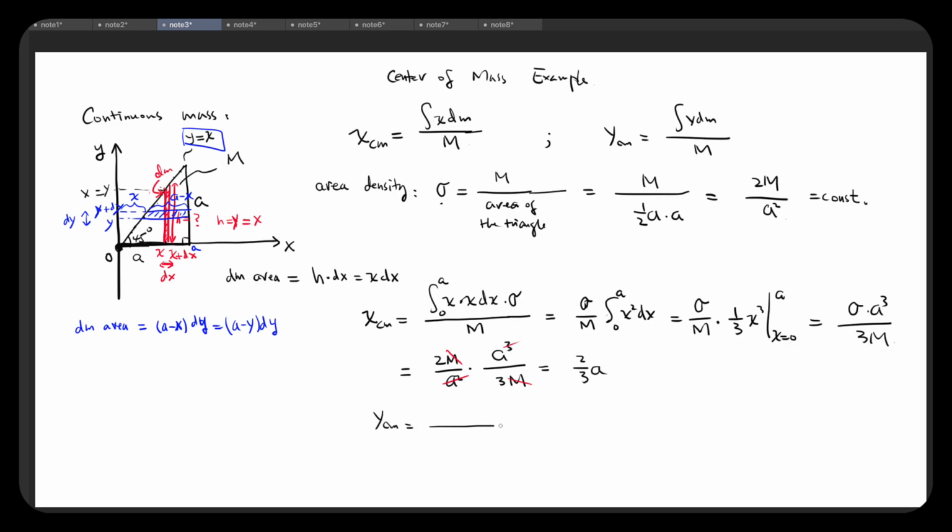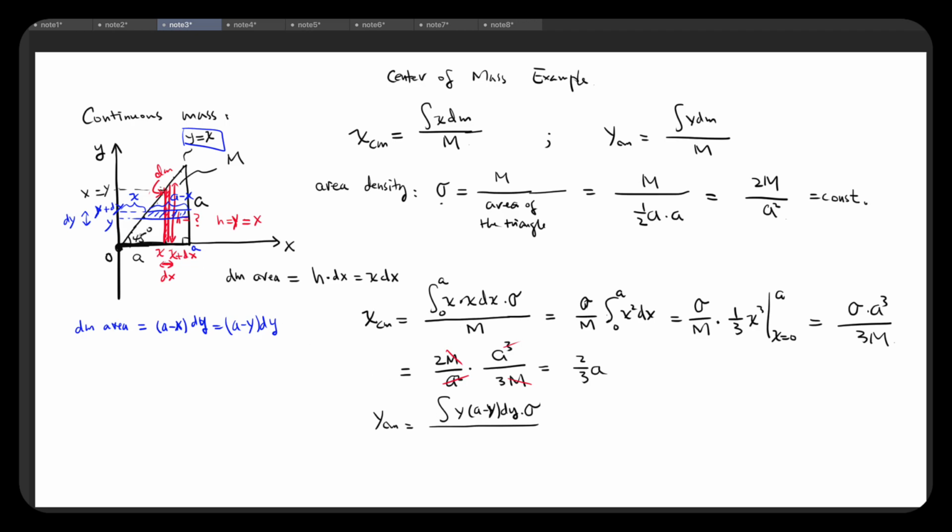So y center mass is given by y dm, right? dm now is a minus y dy, that's the area, and we need to multiply by sigma, the density.